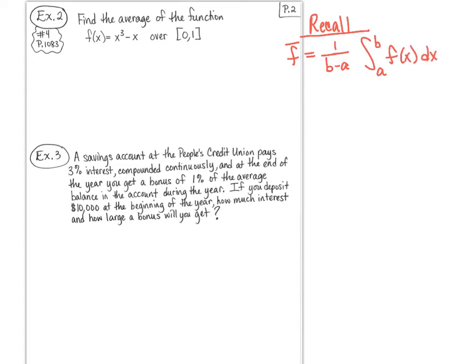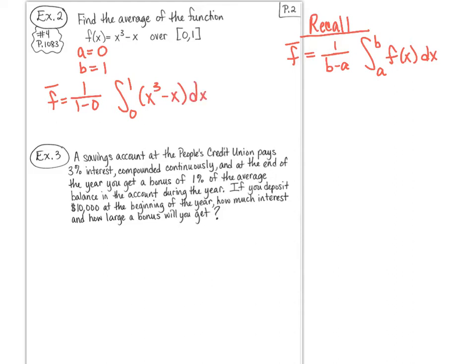Now for us, a is 0 and b is 1. So our f bar is equal to 1 divided by b, which is 1, minus a, which is 0, times the integral from 0 to 1 of x cubed minus x dx.